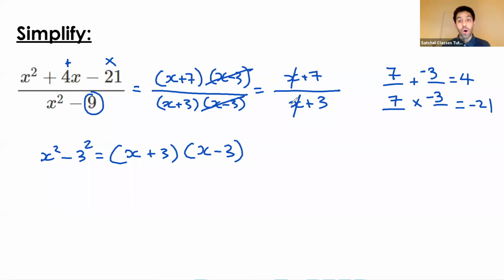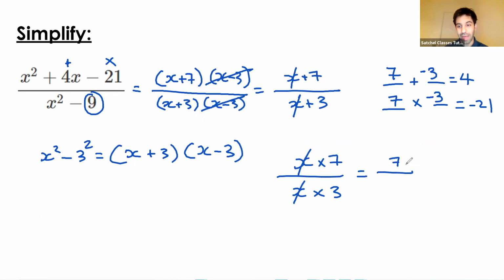The x's are not factors. They're only factors if we were multiplying. So if we had x times 7 over x times 3, well, in this case, x is a factor of 7 and x is a factor of 3. And we can then cancel them down, leaving us with 7 over 3. But over here, x and x are not factors of 7 and 3.